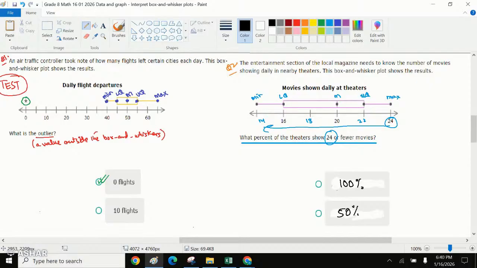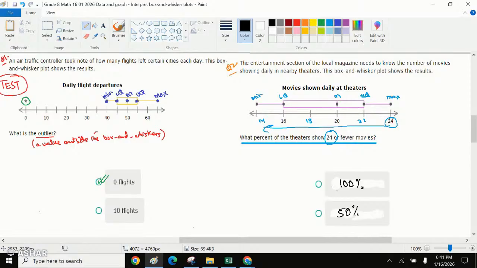See, can there be 26 movies in this? Not possible, right? Because the minimum number of movies being shown was 14, and the maximum was 24. So either they showed 24 movies, or they showed 23, 22, or any number less than or equal to 24, right?